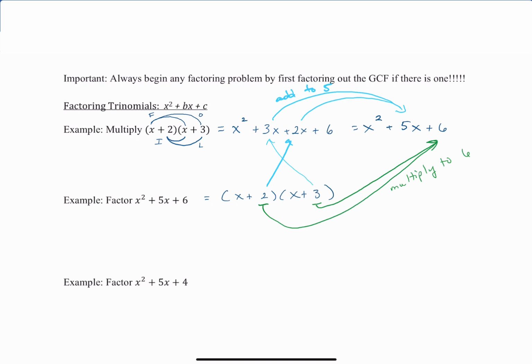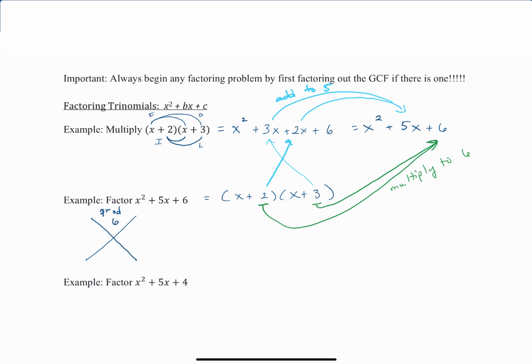There's a method that people like to use to kind of organize the thinking when you're working on this kind of problem. People will make an X, and up top is going to go the product that's needed, which in this case is a 6.